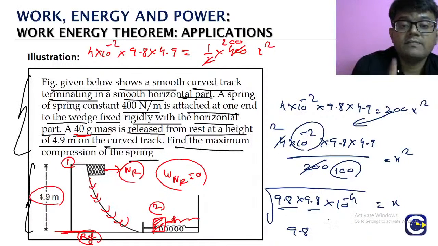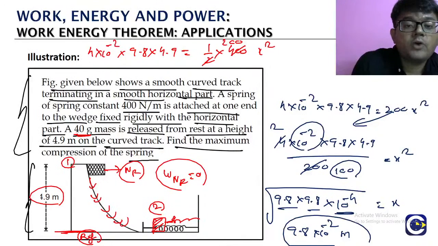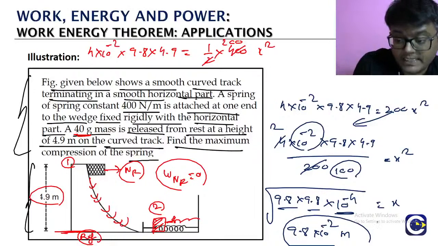So remember here everything we are converting into the SI system. So x will be coming in terms of meters. So 9.8 root 10 power minus 4 is 10 power minus 2. So the x value is 9.8 into 10 power minus 2 meters.